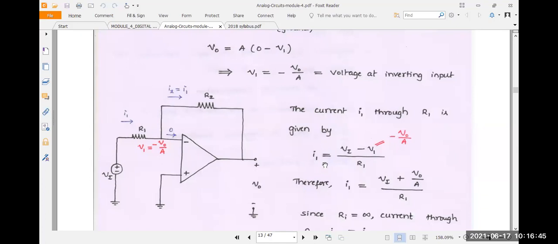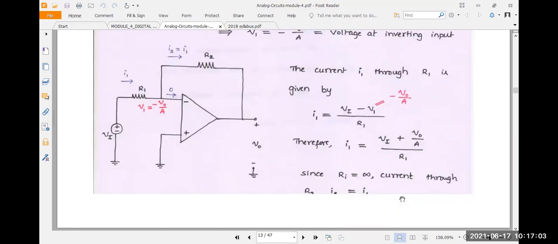That gives the current through the R1 resistance. What is V1 here? Minus V0 by A. Now I1 is equal to VI plus V0 by A divided by R1. So you can write the equation VI plus V0 by A divided by R1.